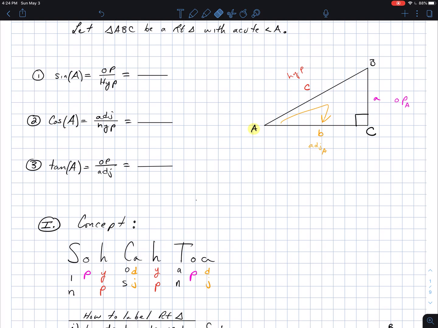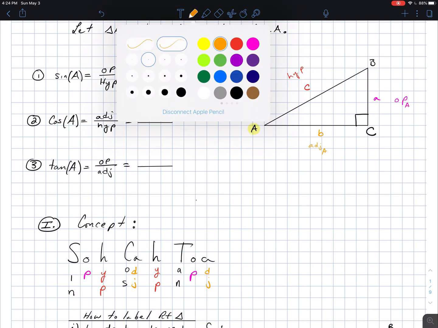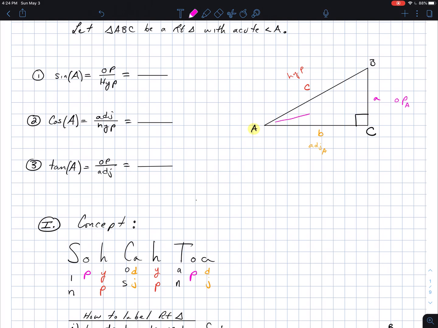Now, if you notice how we labeled our triangle, angle big B gives us little side b. If we look at angle A, then opposite it is little a.